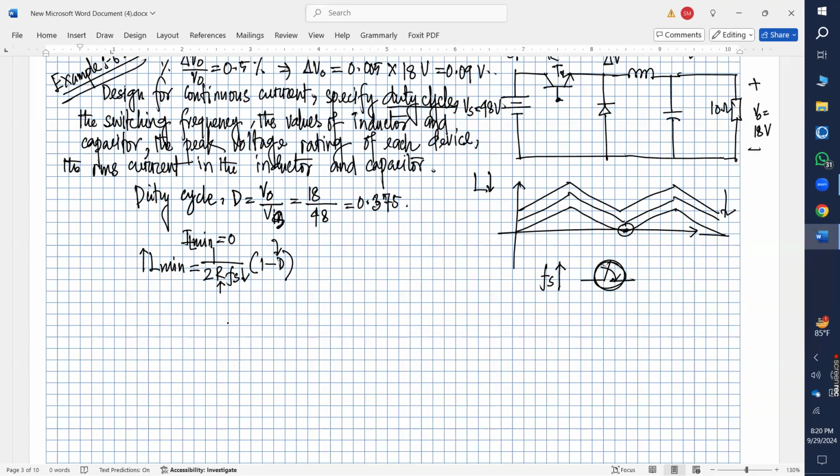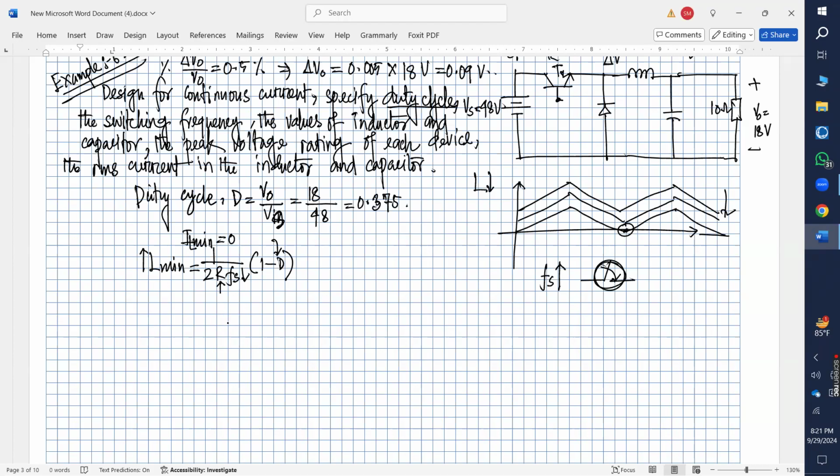But if you put this frequency very low, this switching loss will be less, but in order to have a continuous current there, the minimum inductance required will be high, right? Yes, sir. So we had to make a trade-off between the inductance value and the switching frequency.